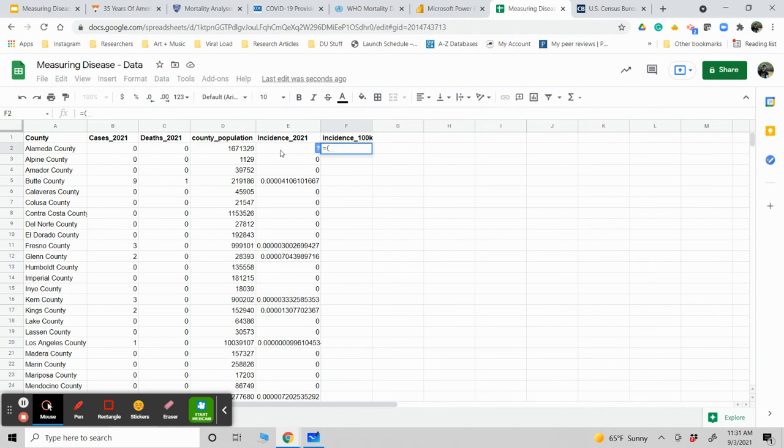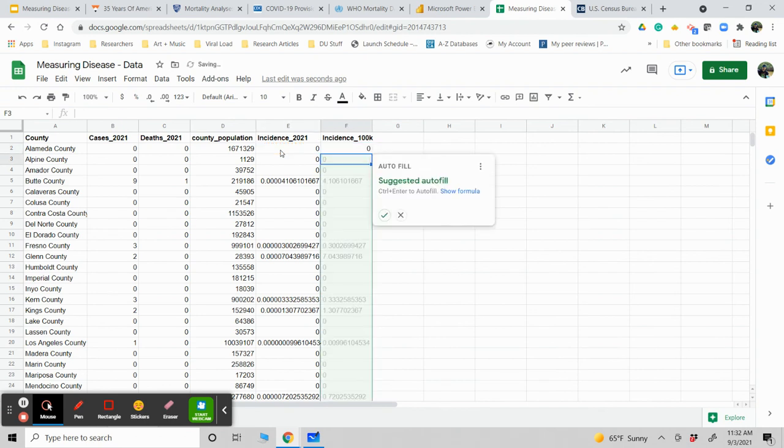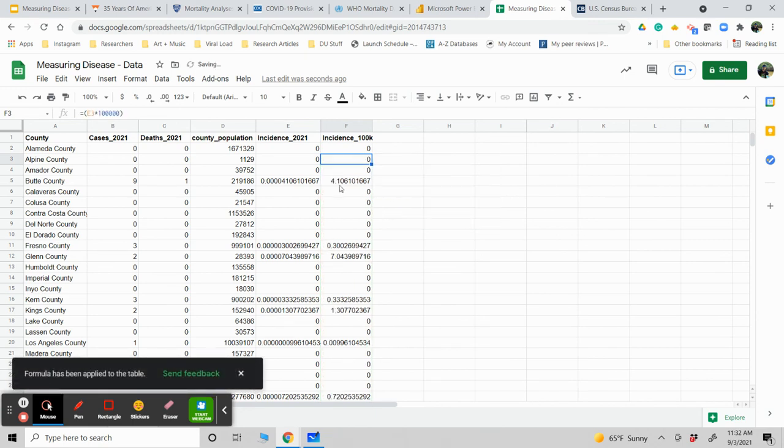And I want to calculate the incidence divided by 100,000. Do it for every county. And now these are a little more friendly to work with.